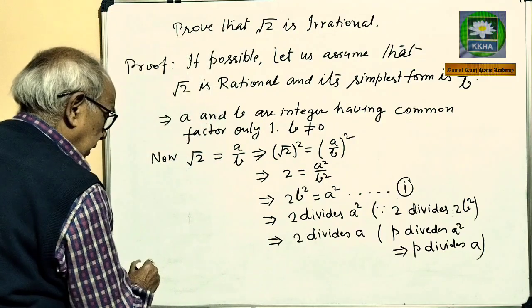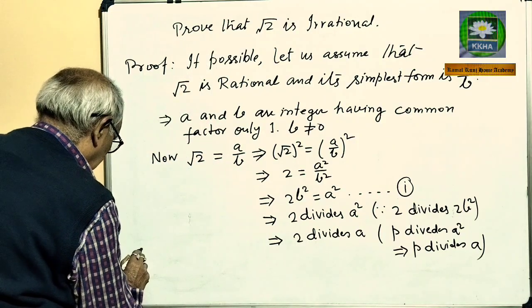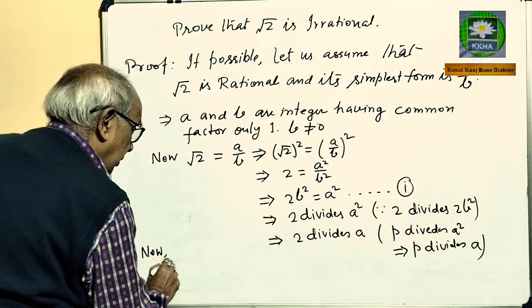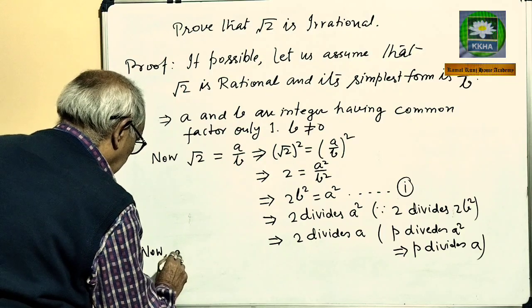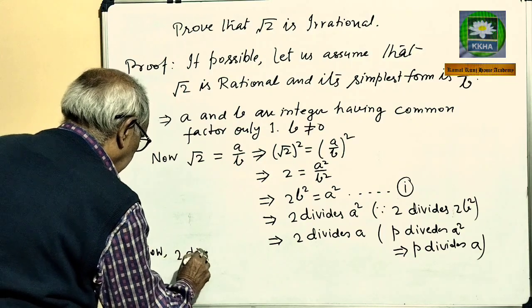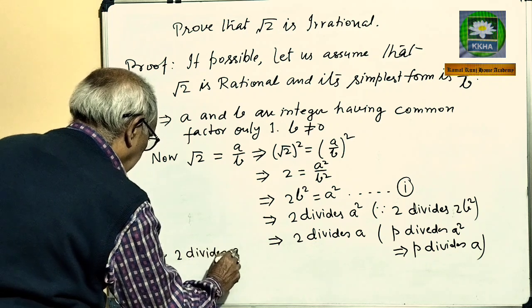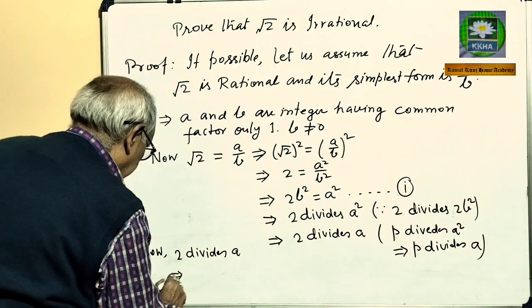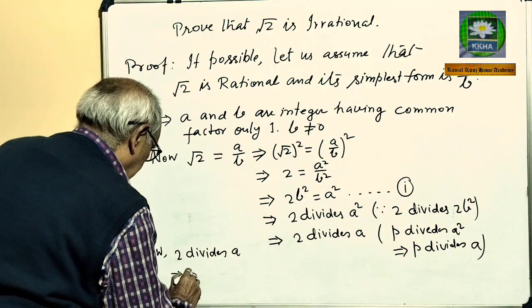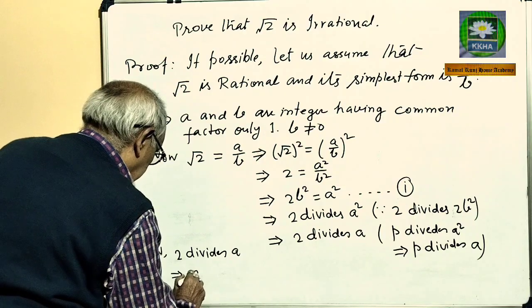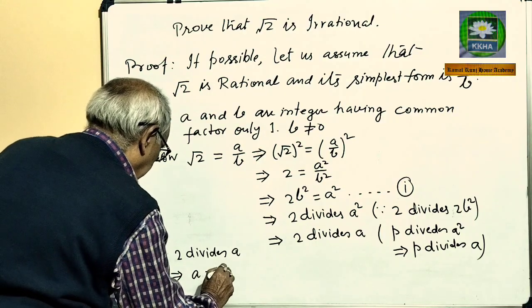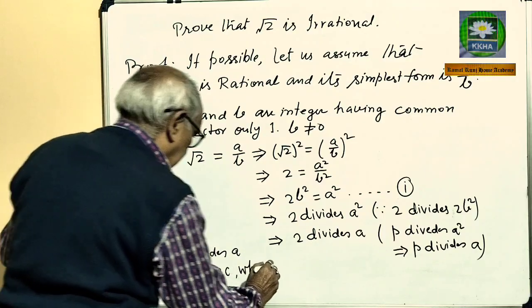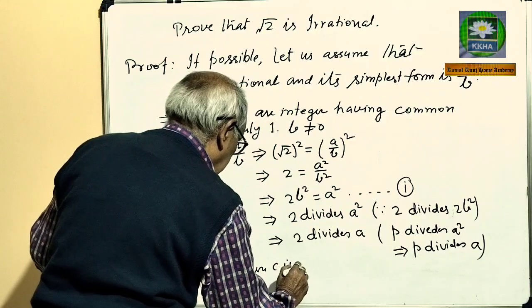Now since 2 divides A, this implies that A can be written as 2C, where C is an integer.